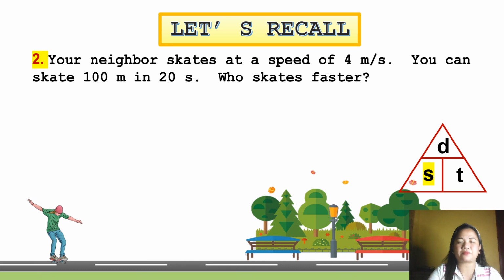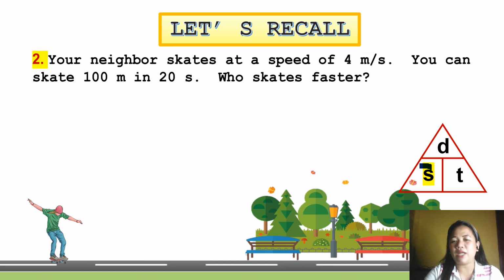Next. Okay, for the speed. So, let's recall the formula of speed. In speed, remember the triangle method, diba? It's the easiest way for you to remember the formula of speed. If we're going to look for the speed, ang sabi natin na nakaraan, we have to cover speed.